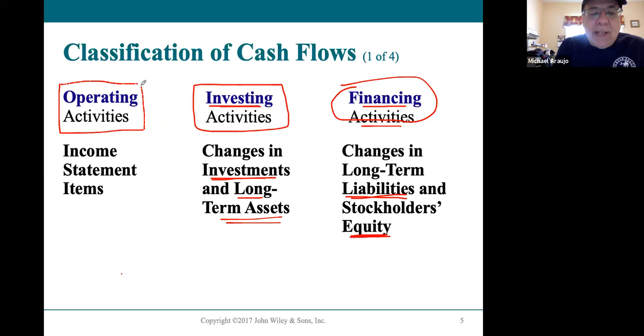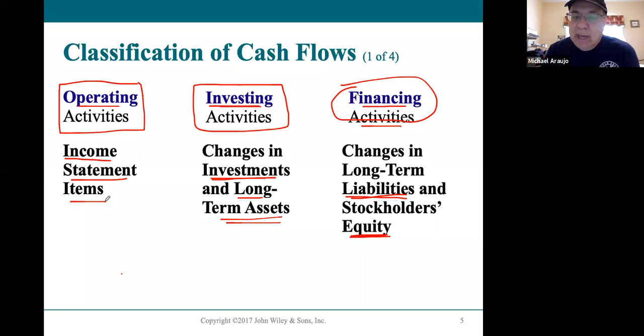Operating activities of a company are basically done through its operations, right? So the operating activities of any company only happen when the company's open for business. And so when it's open for business, what happens? Well, it's collecting revenue, it's paying expenses, and so oftentimes operating activities tend to be associated with income statement items.